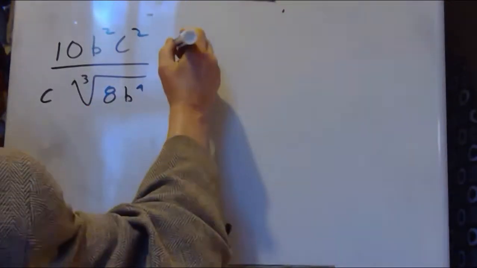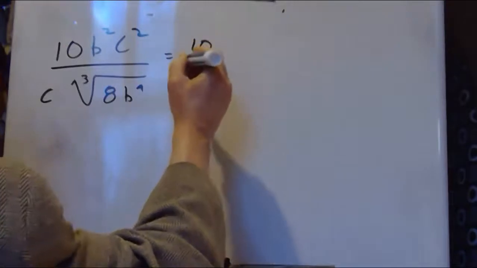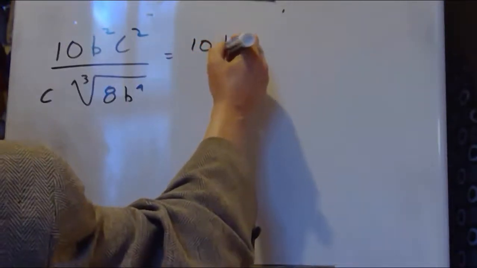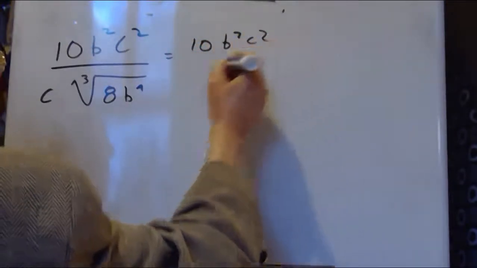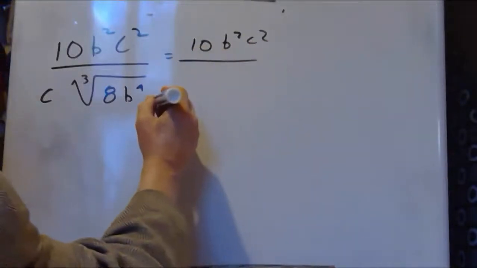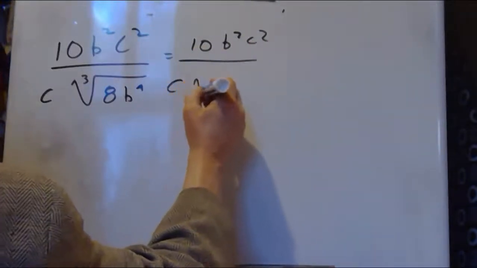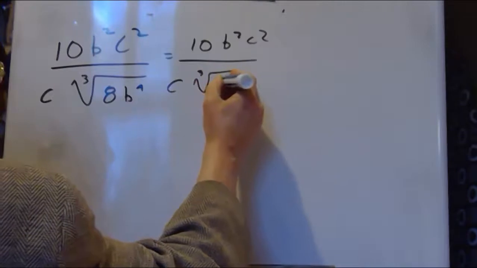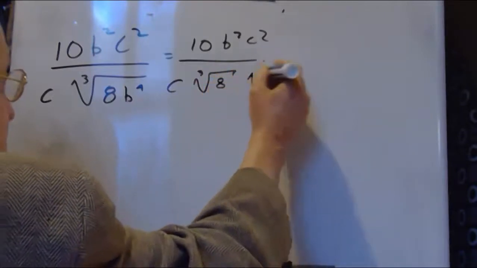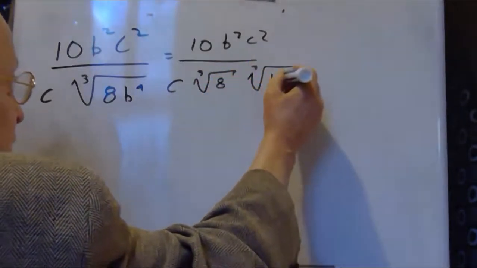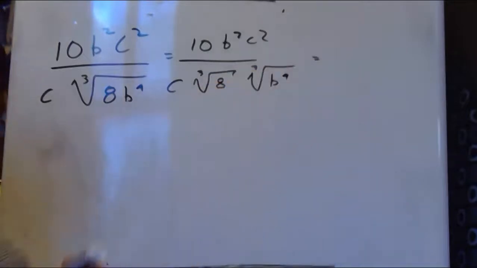So if we separate out everything, we have 10b squared c squared over c times the cubed root of 8 times the cubed root of b to the 4th. And we already know that the cubed root of 8 is 2.